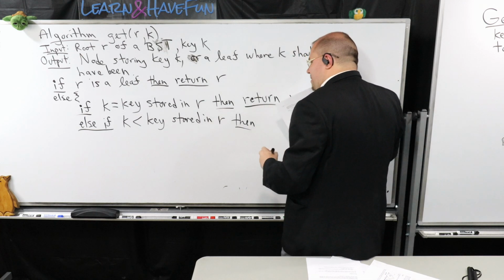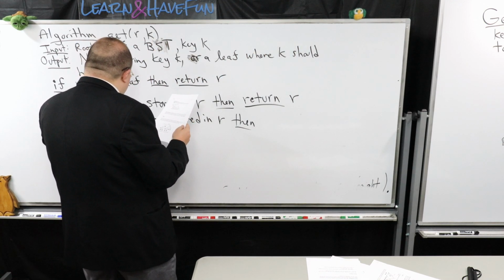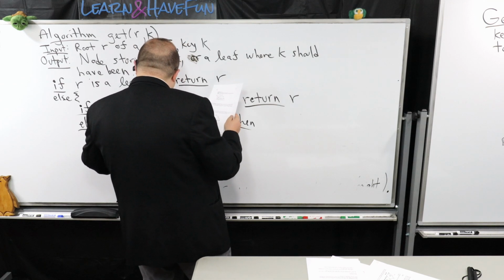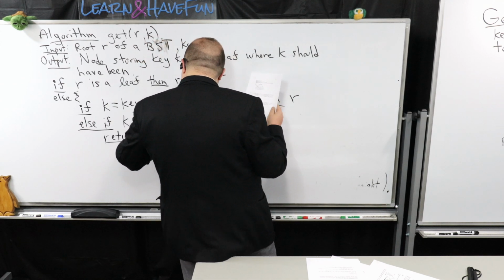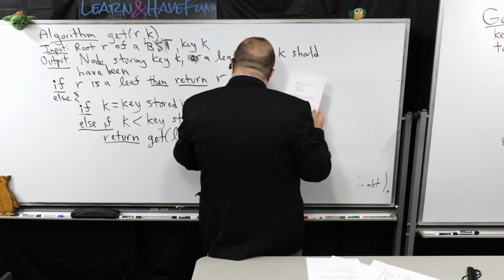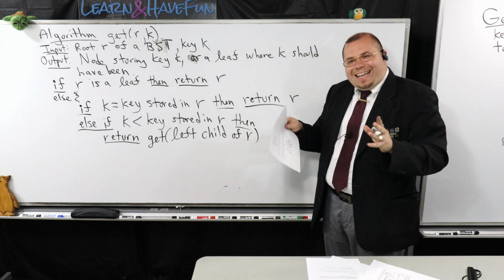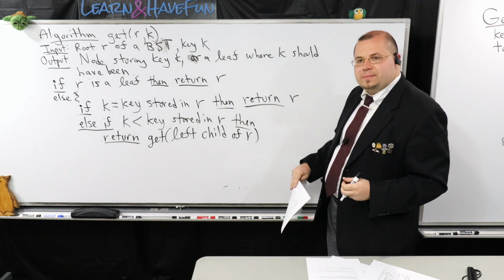So I'm just going to call recursively. I'm going to return whatever the result of performing the get operation on the left child of R. So in that case, I will just call get again, but on the left child.